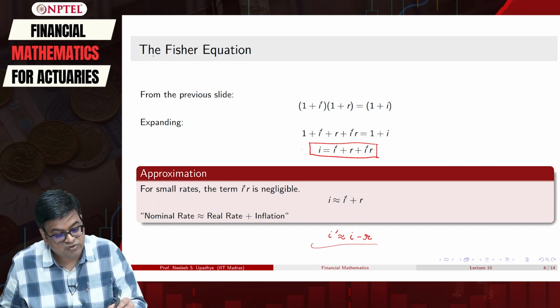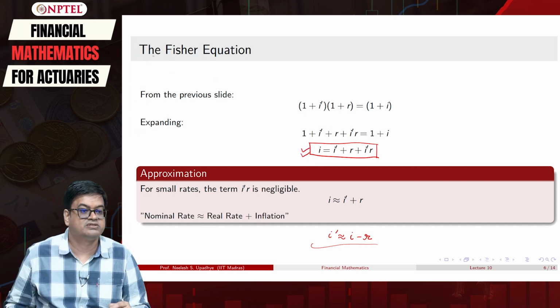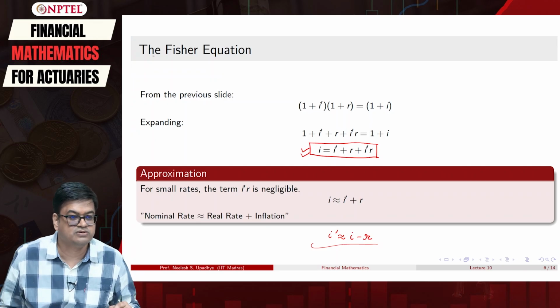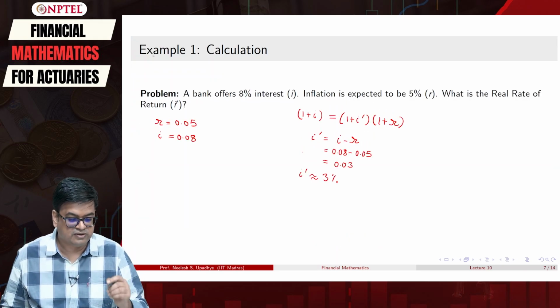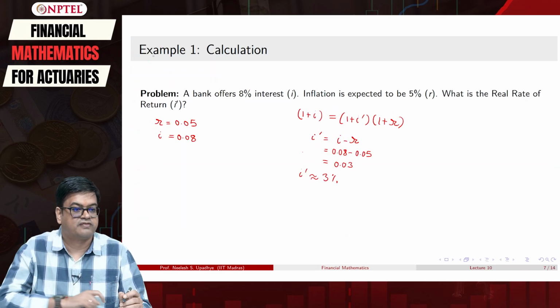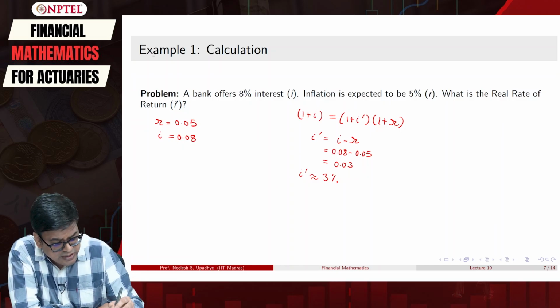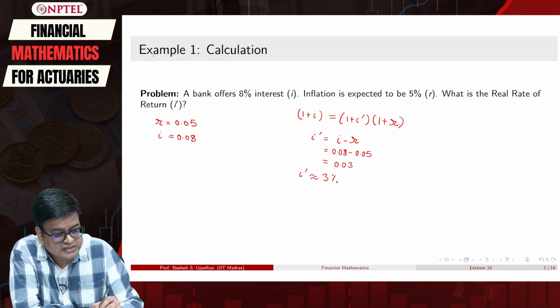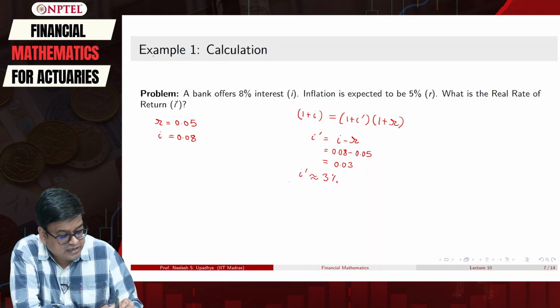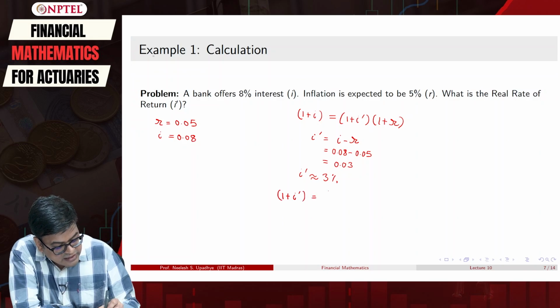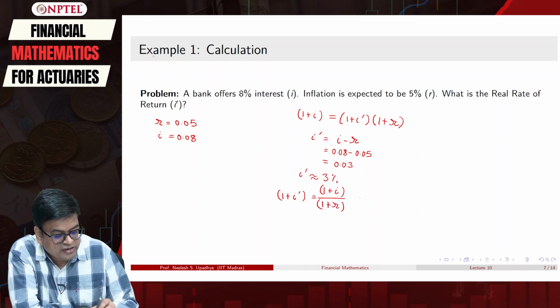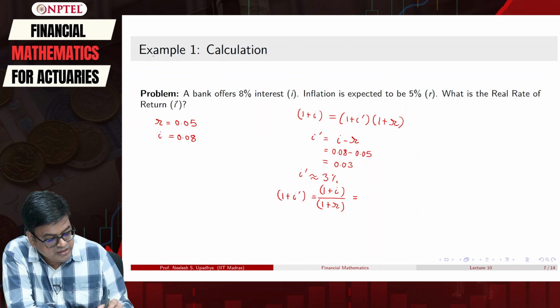However, we have one exact formula and we want to see how that exact formula comes into play. That exact formula is essentially this Fisher equation. I am interested in 1 + I', so I will use 1 + I' as it is. Then I will take (1 + I) upon (1 + R).